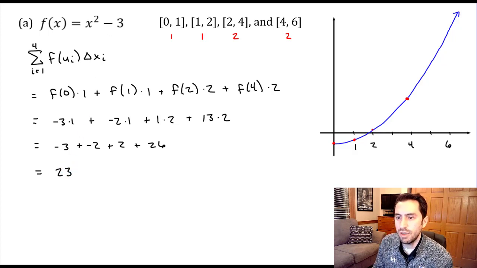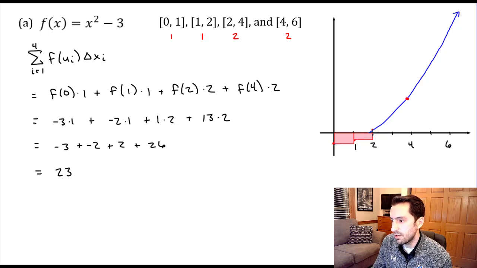Now let me draw in these rectangles so we can take a look at what we were figuring out. The first rectangle has a leftmost endpoint at 0, and it's covering that interval from 0 to 1. Our second rectangle is going from 1 to 2, and it has a height down at f of 1.